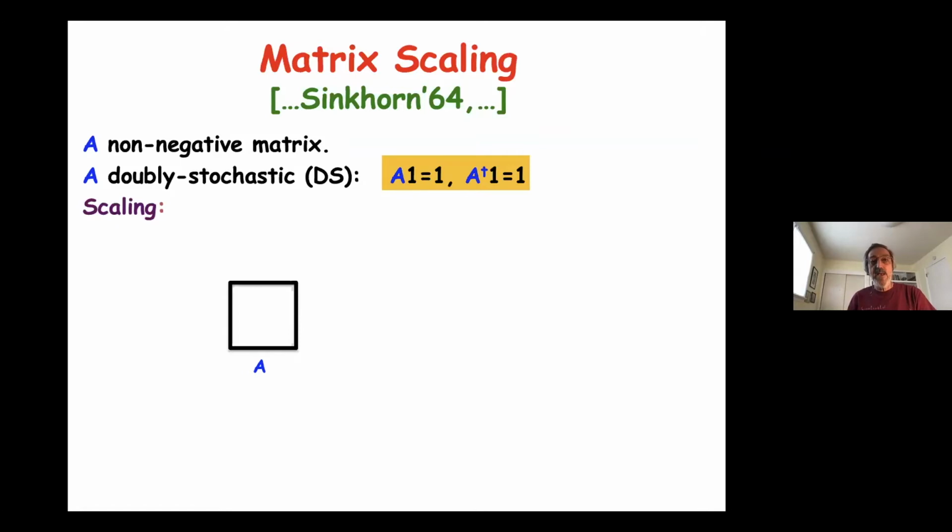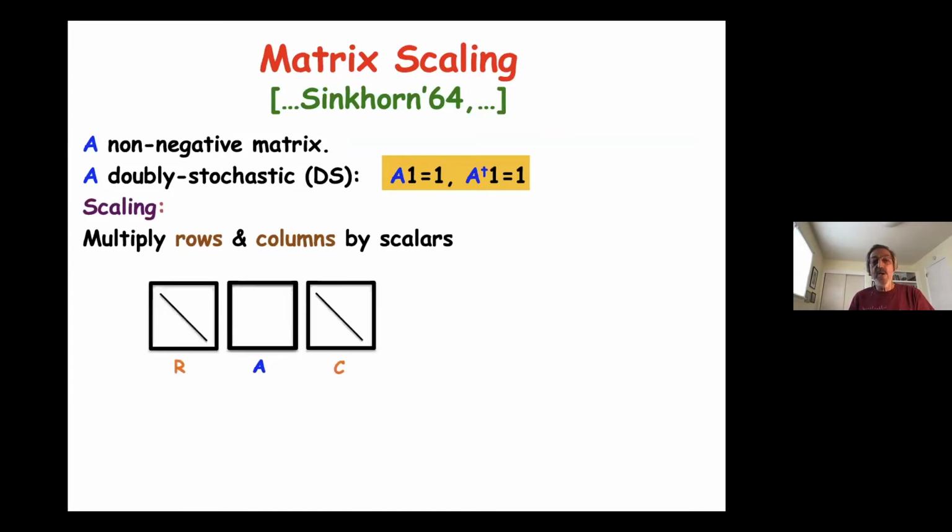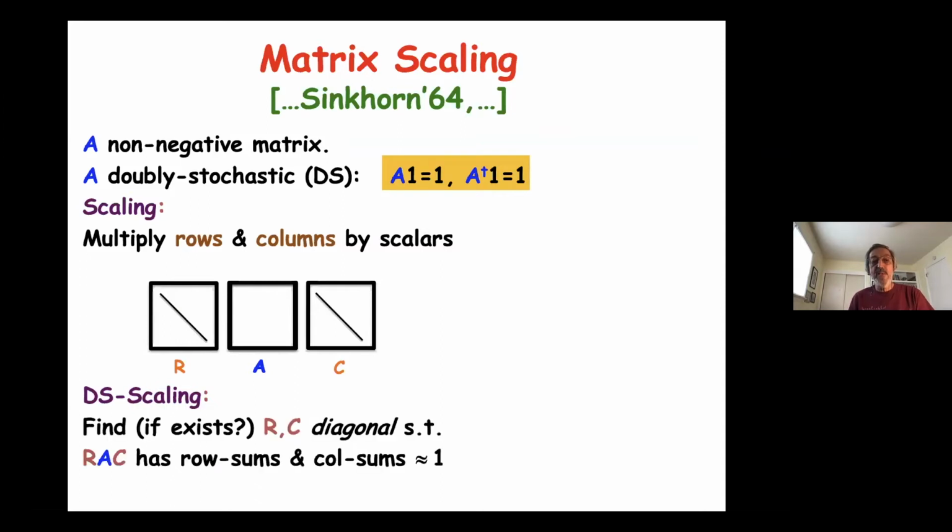I allow scaling. What we are allowed is to multiply the rows and the columns by non-negative scalars. So in other words, we are allowed to multiply from the left and the right by diagonal matrices. And we want that after this process, the matrix will be scaled, namely doubly stochastic.